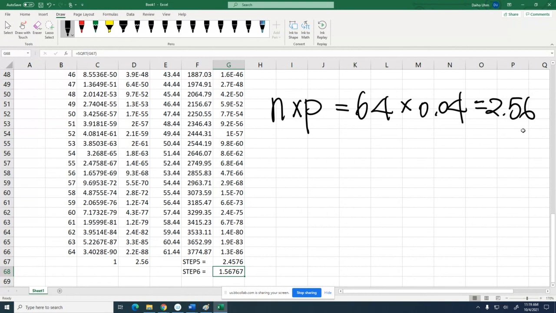What we did before, we took multiplications each, then took the sum. But now, simply, n times the probability will be the same as the mean. Yes, it is true. See, we had a shortcut.